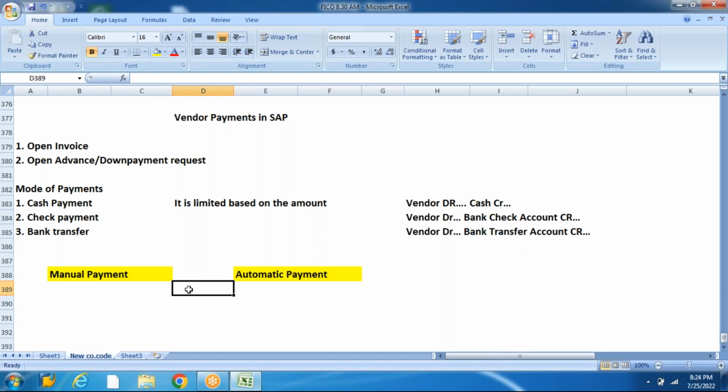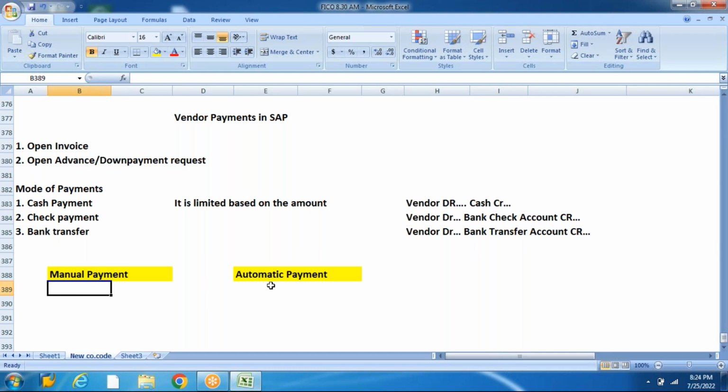When we talk about payment, what is actually happening from the accounting point of view? It is your accounting entry, debit something to credit something. If it is a manual payment, you are going to write the payment entry manually. This vendor debit cash credit or vendor debit bank credit is written manually. That is your manual payment.